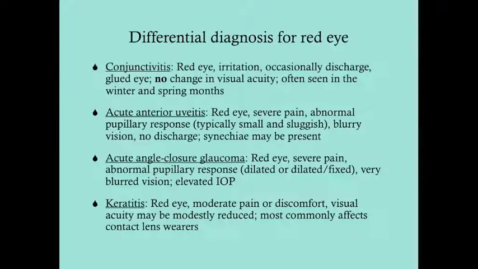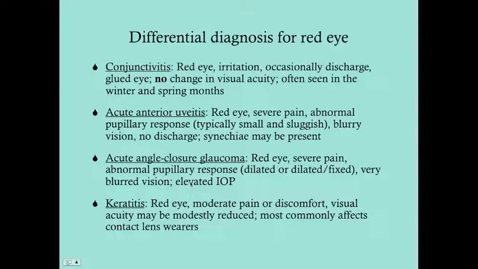Acute angle closure glaucoma is also associated with red eye and severe pain, as well as blurry vision. But what you will have with acute angle closure glaucoma that distinguishes it from acute anterior uveitis is, in this case, a dilated pupil, not a small pupil. That pupil can be dilated, or it can be dilated and unresponsive, fixed.